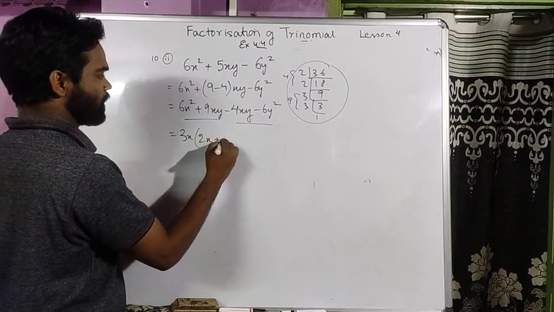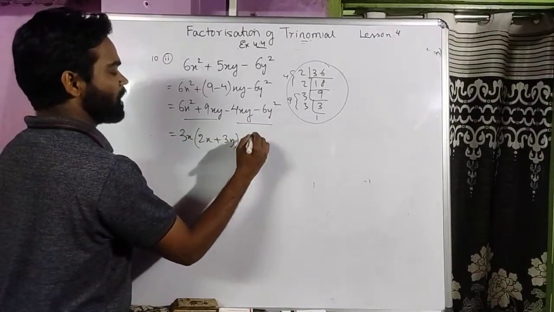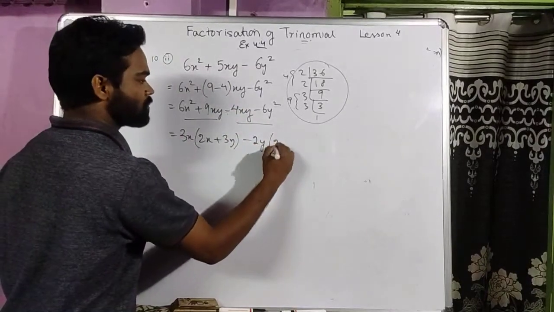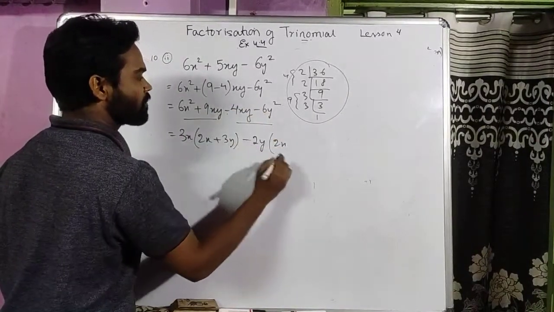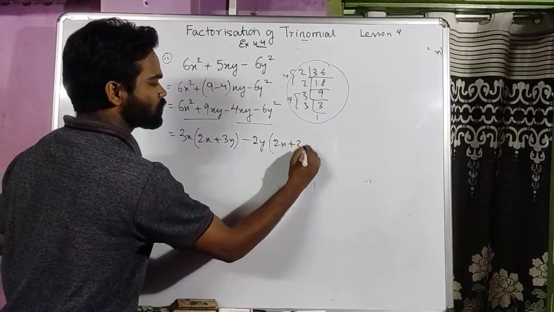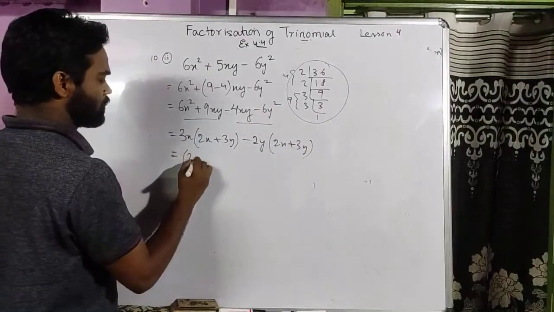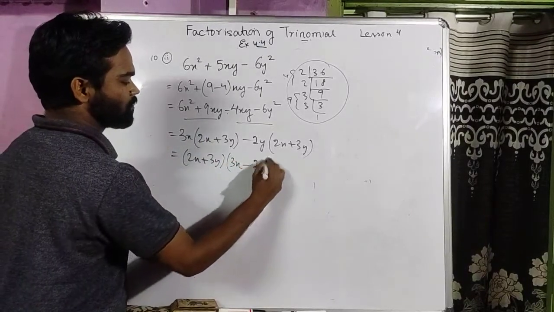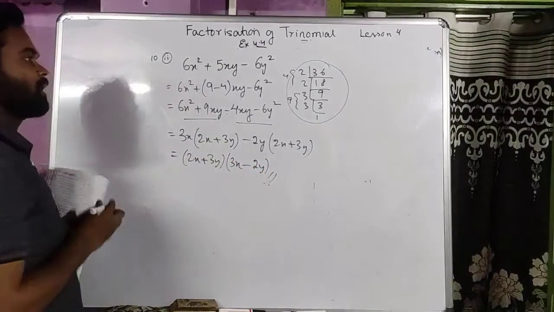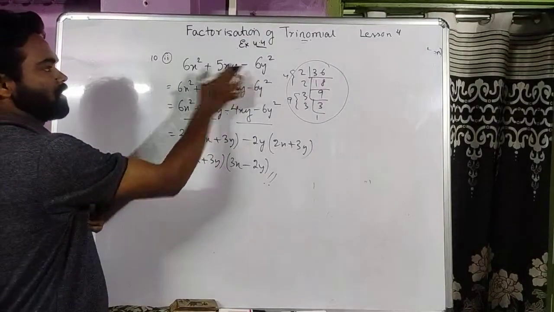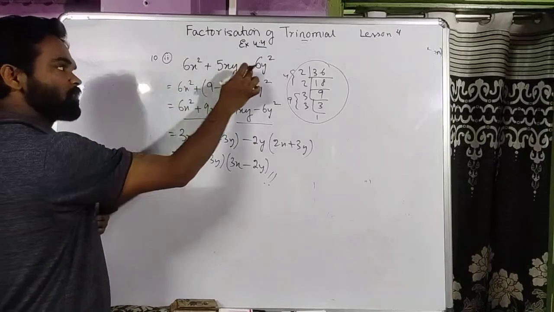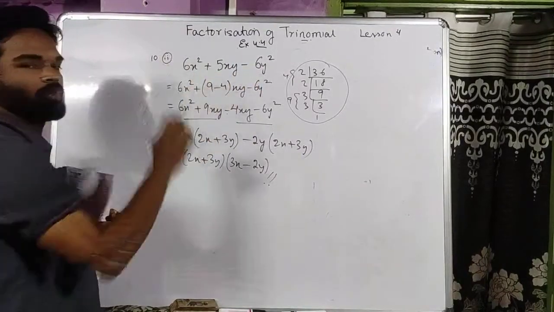So 2x plus 3y, minus 2y taken common. So 2x, the sign will change because we have taken minus outside, plus 3y. Again 2x plus 3y taken common. So what is left? 3x minus 2y. And that's our answer. Be careful, since if one of them is negative, this will be a difference. If both are positive, this will be a sum of two numbers.